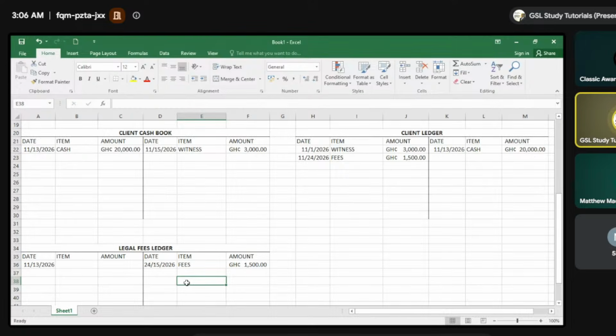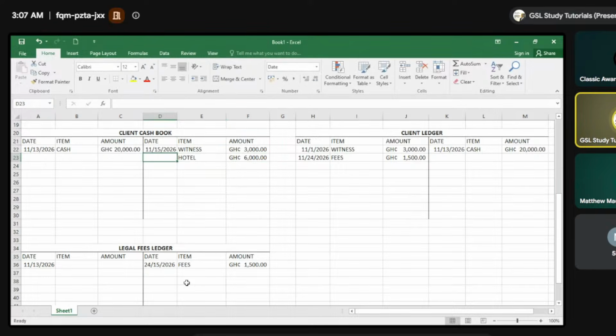So the senior partner attended a cross-examination session in Cape Coast and paid 2,500 per day for accommodation. So we have to know that it is 3 days. We are crediting the cash book, so we are going to use the word hotel. And then here becomes 1,005 times 4.